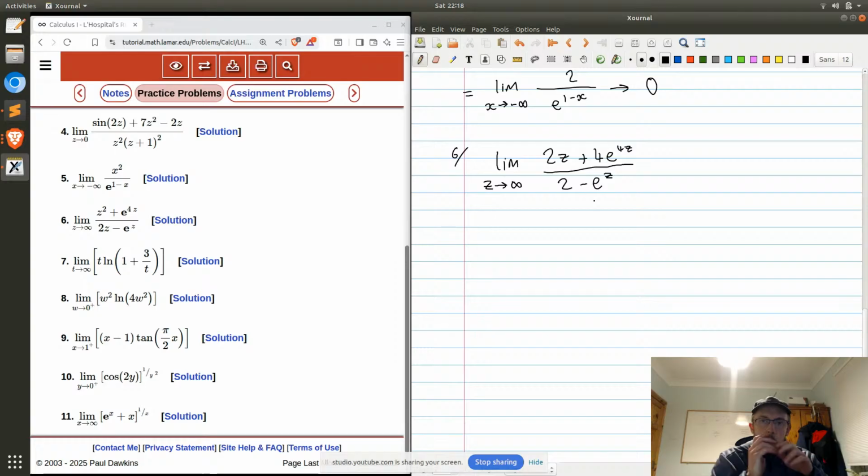Now, still not defined. Okay, still indeterminate form. Still indeterminate form.